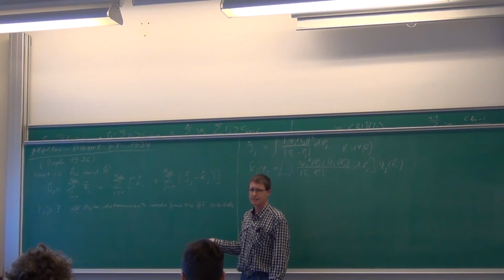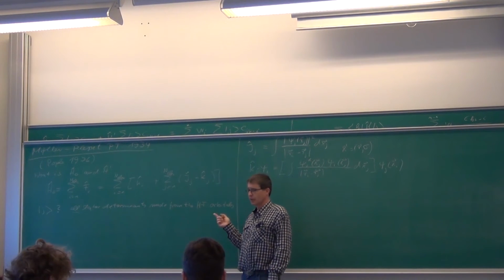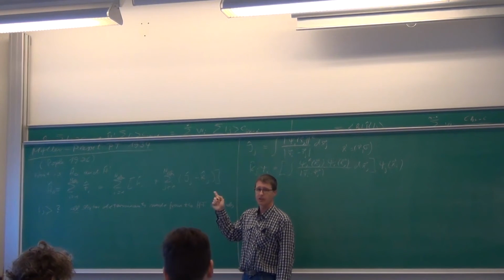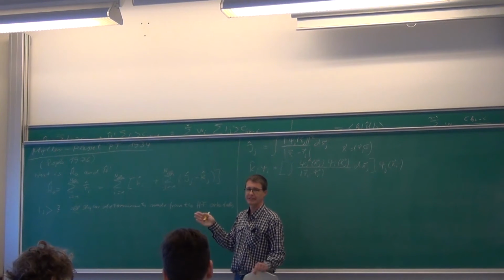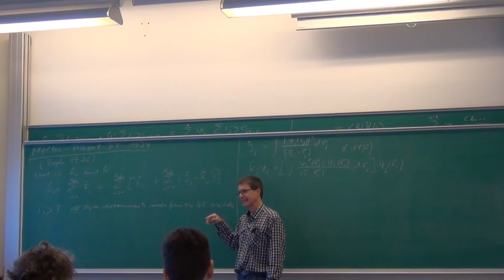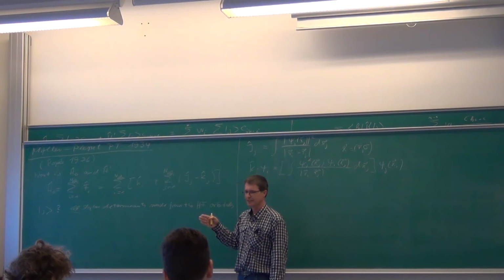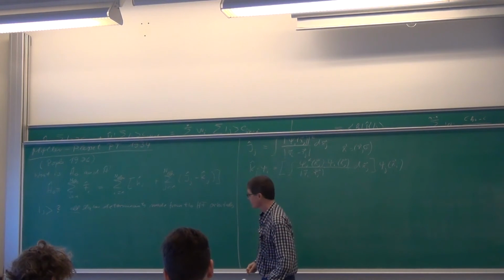So again, like last week when we did CI or MCSCF, we're going to solve those equations only within the space given by our basis set. So we're going to solve them sort of exactly in that space, but not really exactly, because that's the basis set limit.